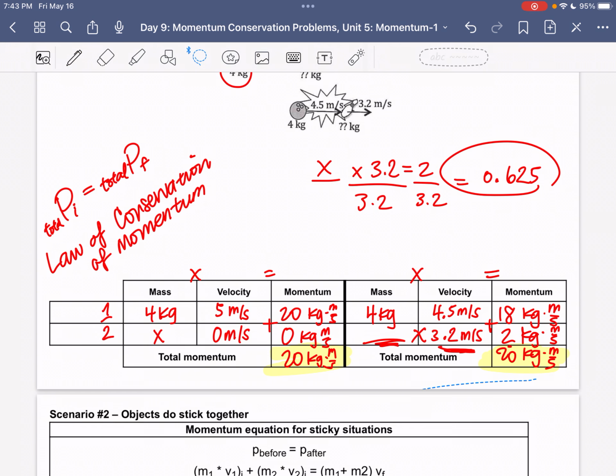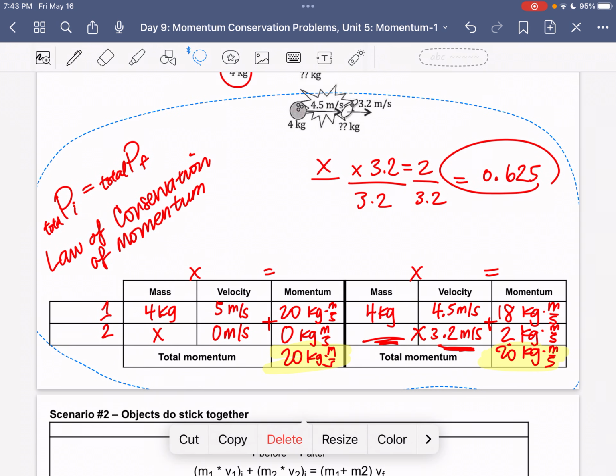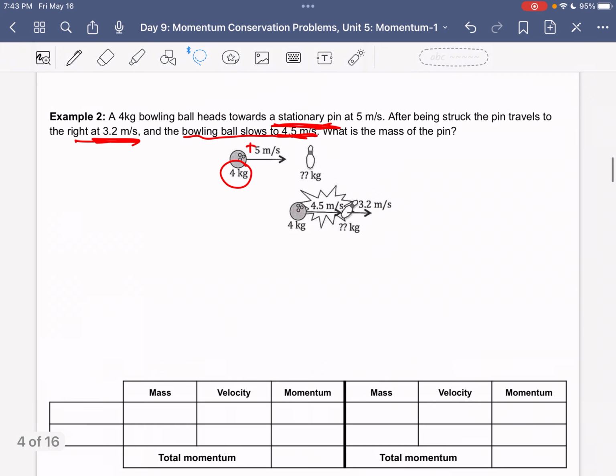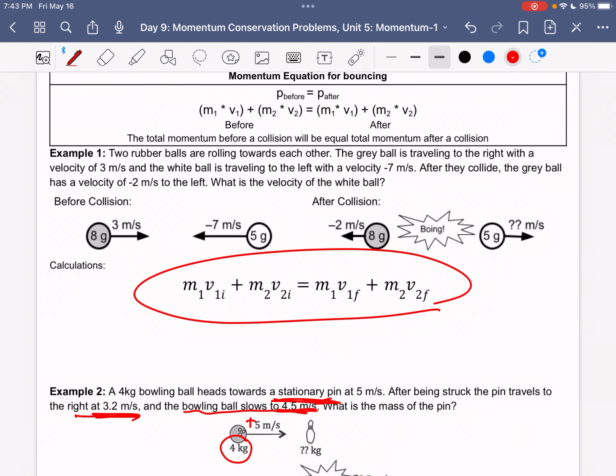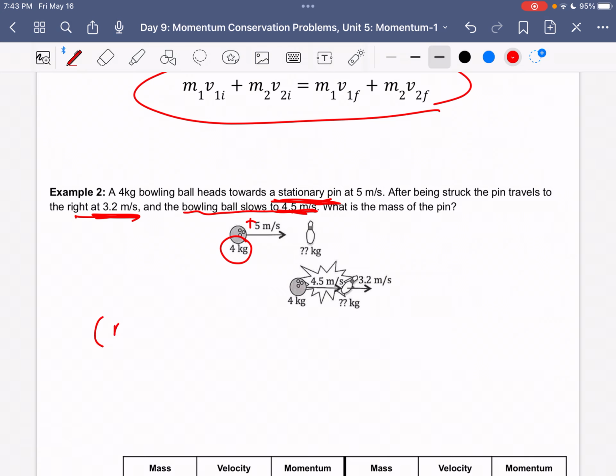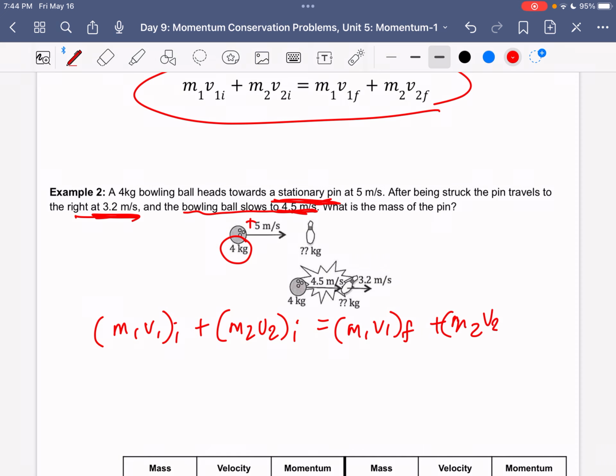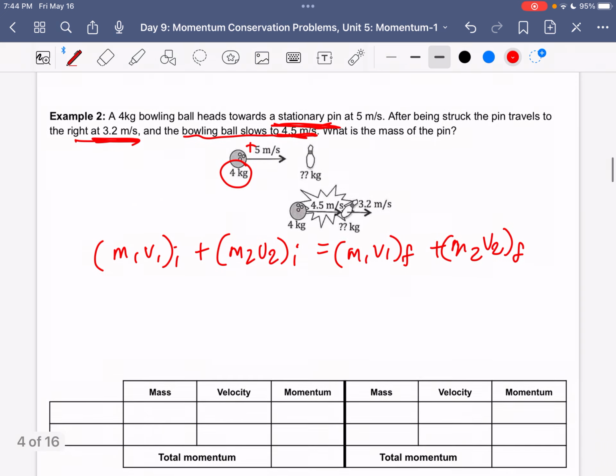Another way you could do this is by using the formula that he gave you. So the formula at the beginning, remember, was this. So the mass 1, velocity 1 initially, plus mass 2, velocity 2 initially equals mass 1, velocity 1 finally, plus mass 2, velocity 2 finally, okay?